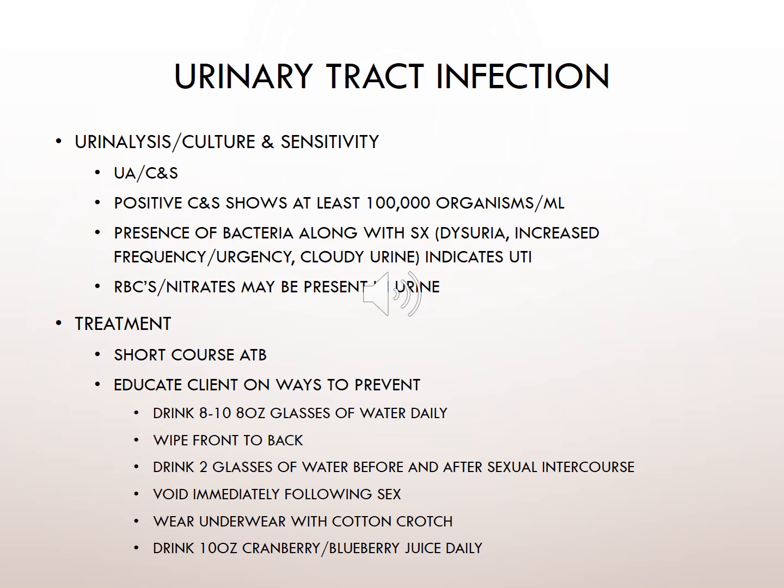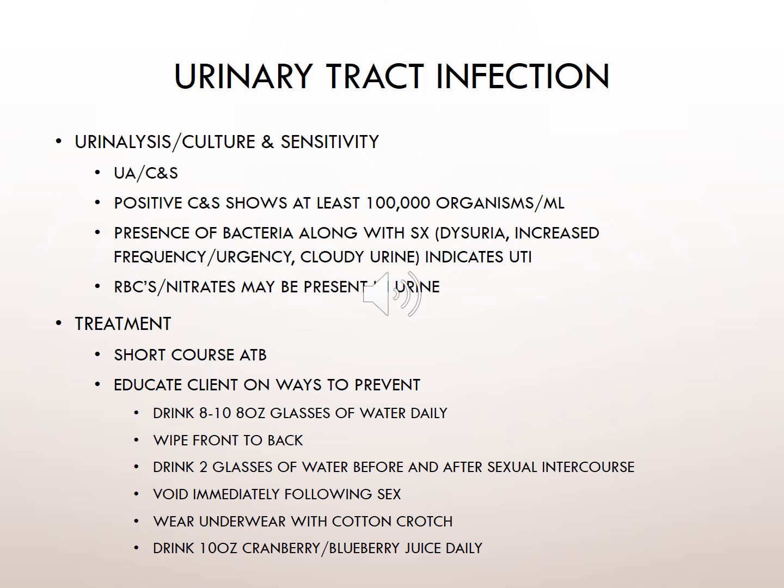Your textbook actually says, and I don't know that many people do this, that drinking 2 glasses of water before and after sexual intercourse can help the patient that is very prone to UTIs. Voiding immediately following sex and wearing underwear with cotton in the crotch can assist with preventing some UTIs if you're prone to that.